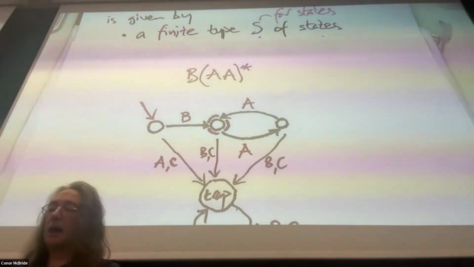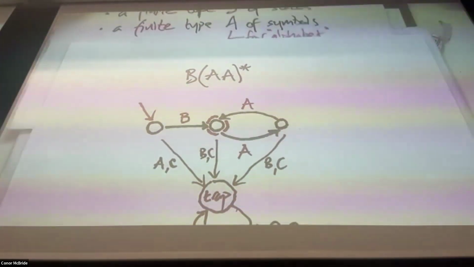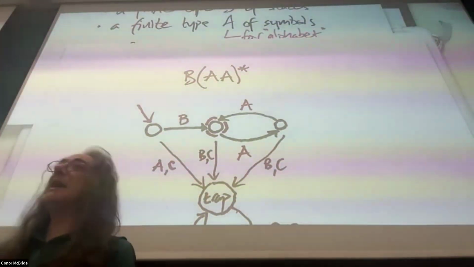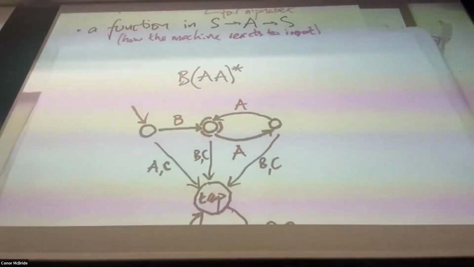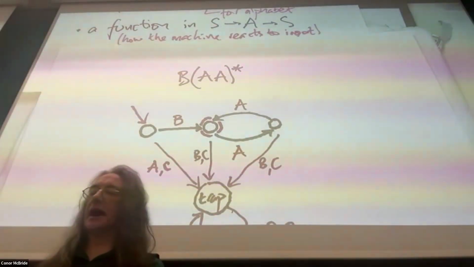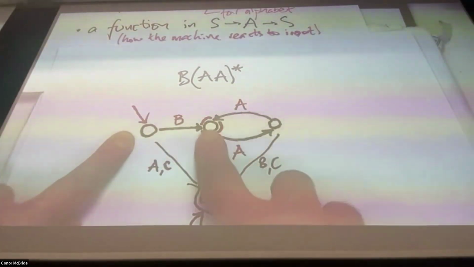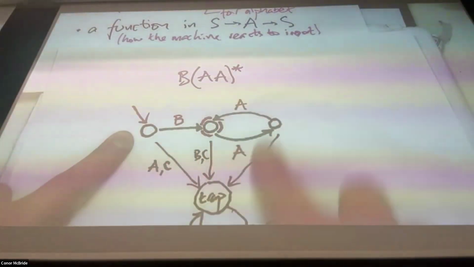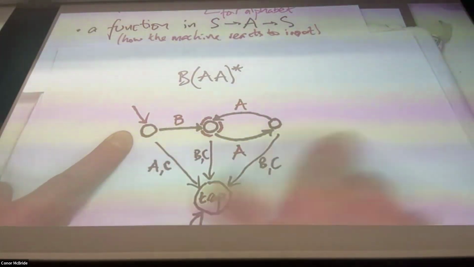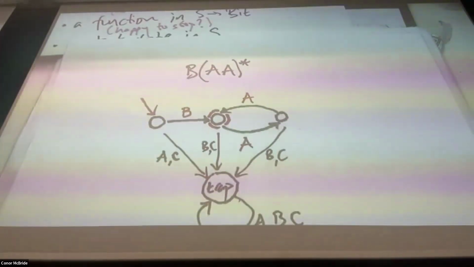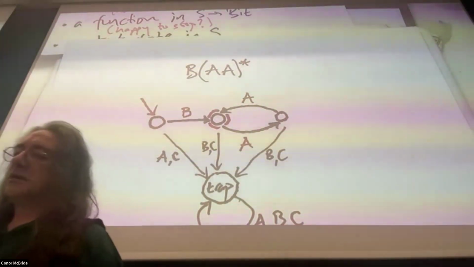So that's the state set. An alphabet of symbols, that's your A, B, C. A function taking an S and an A and giving an S. For each state, there's exactly 1 arrow coming out of it corresponding to each possible symbol, pointing to another state. We need a function from S to bit, and that's the one.